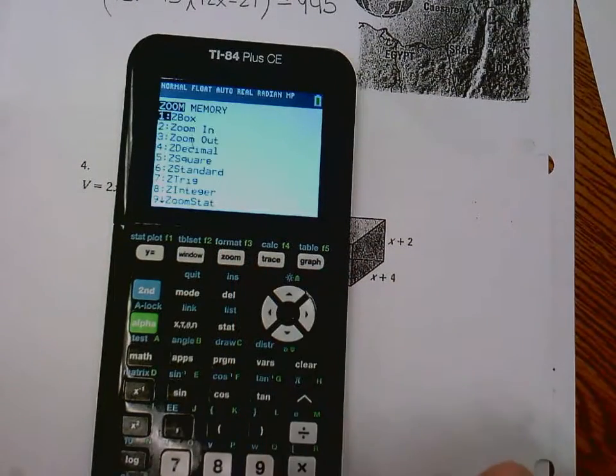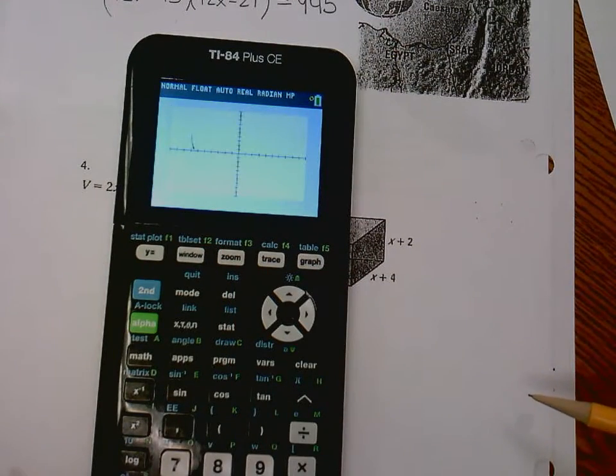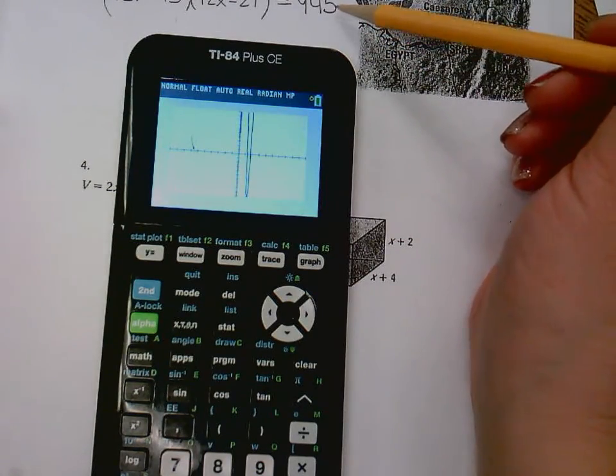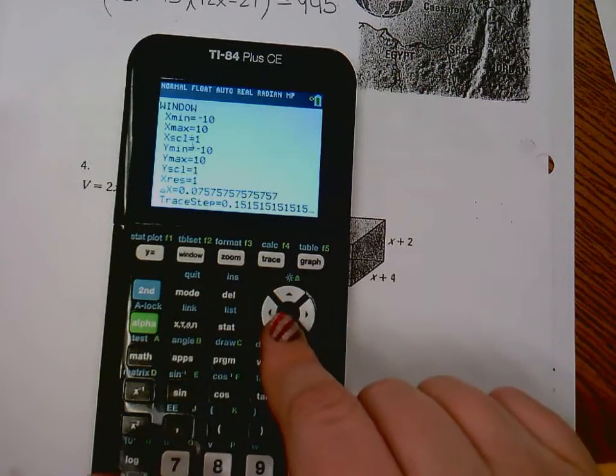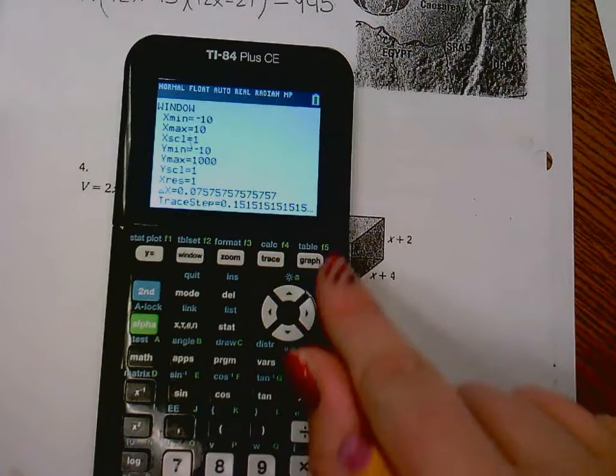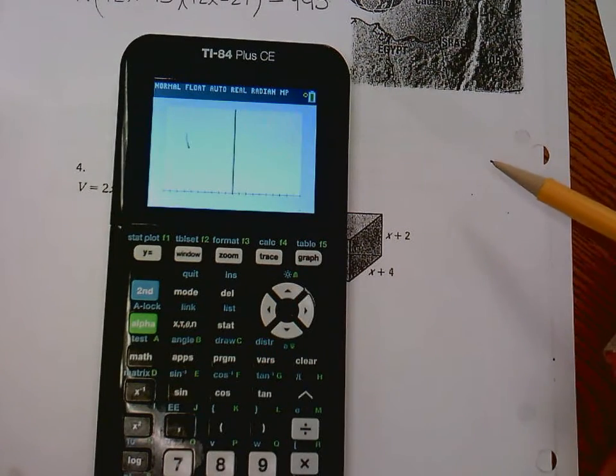Now, if I just hit zoom 6, I'm not going to see much of this graph because it's only a 10 by 10 viewing window. I want to see up at 945. So I'm going to adjust my window so that my y maximum goes all the way up to 1,000. So now hopefully I'll be able to see the intersection point here.